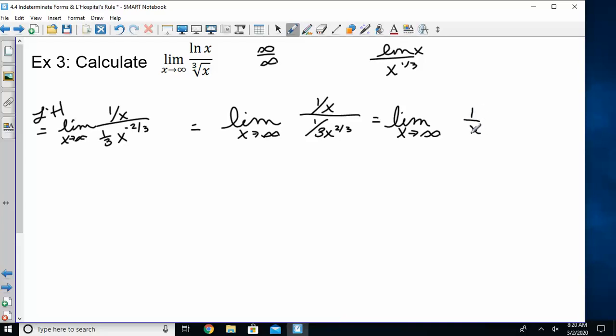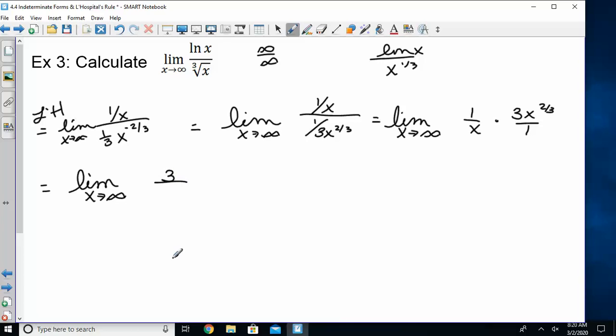So to divide fractions, we flip and multiply. So I've got my 3.